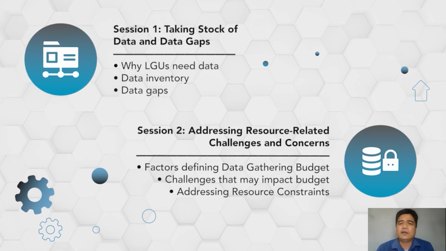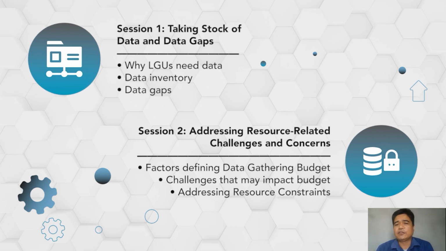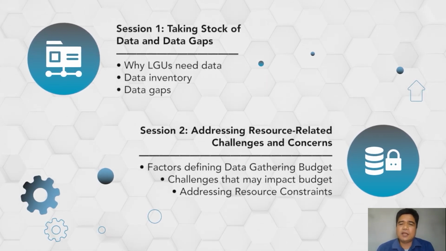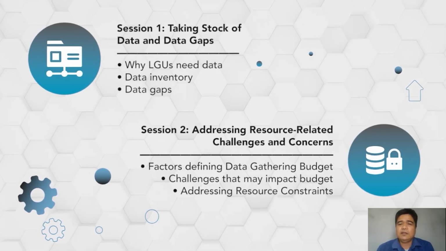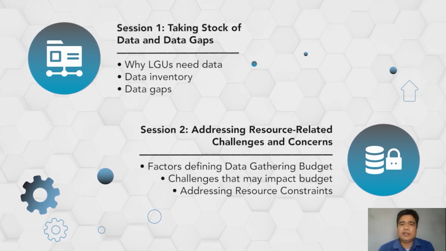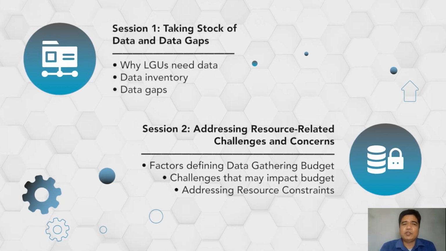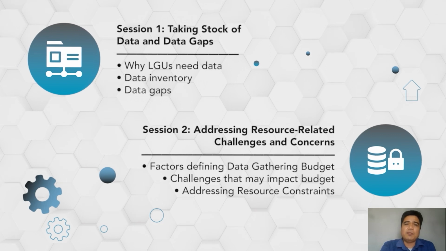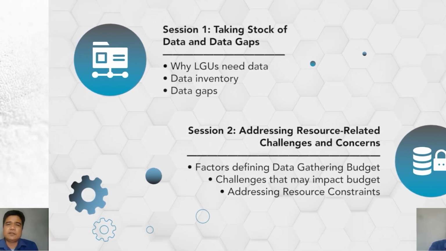We enumerated the factors that affect the data gathering budget, the challenges that may impact the budget, and we provided some tips and strategies for addressing resource constraints, including the identification of possible sources of funds that the local government units can tap in their data gathering activities.